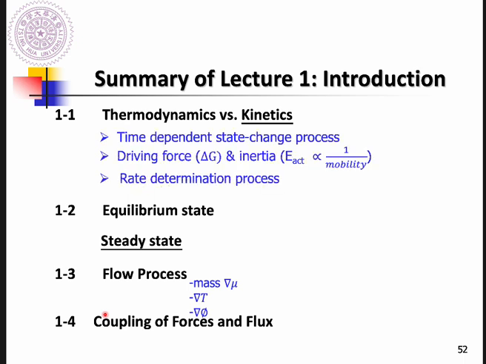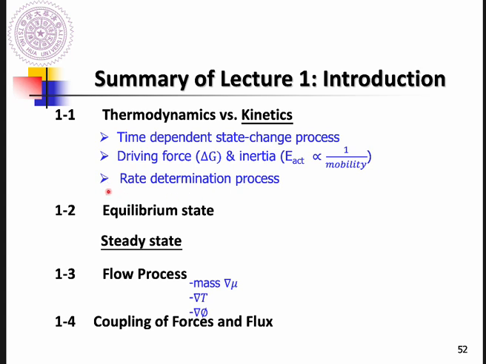Okay, so we finished lecture 1. In the first part, we told you the difference between thermodynamics and kinetics, and put more effort into explaining what kinetics is, and what the driving forces are, to determine what factors can affect the kinetics process, which include the driving force and inertia of resistance.